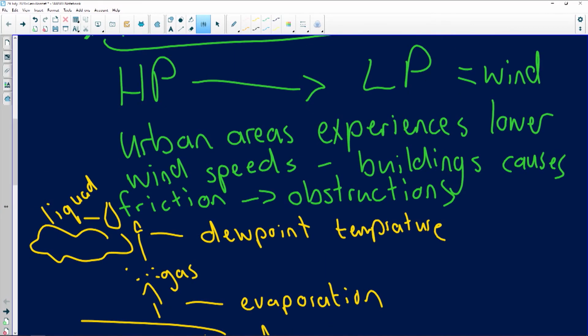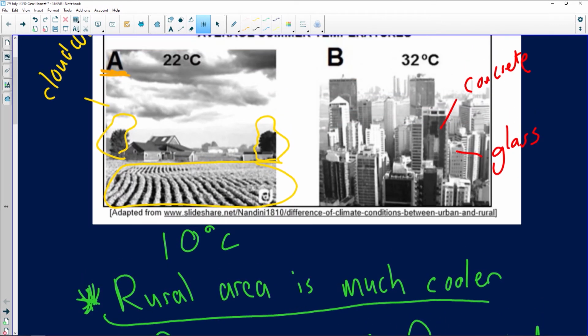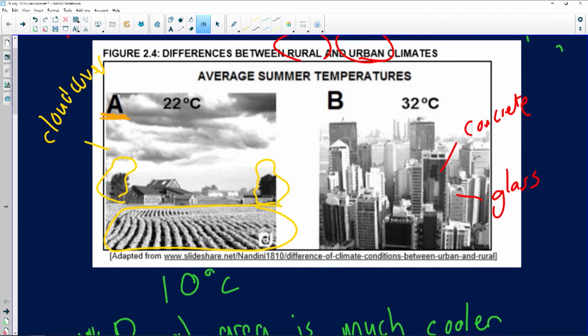We go back to this photograph over here. Let's assume we experience a heavy thunderstorm like we usually do in summer in Johannesburg, and let's say it rains in the rural area. What's going to happen with most of the water? It's going to infiltrate, because it's covered with vegetation.